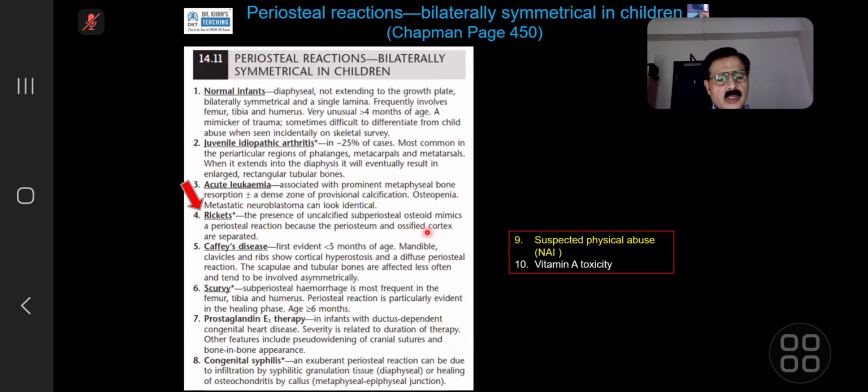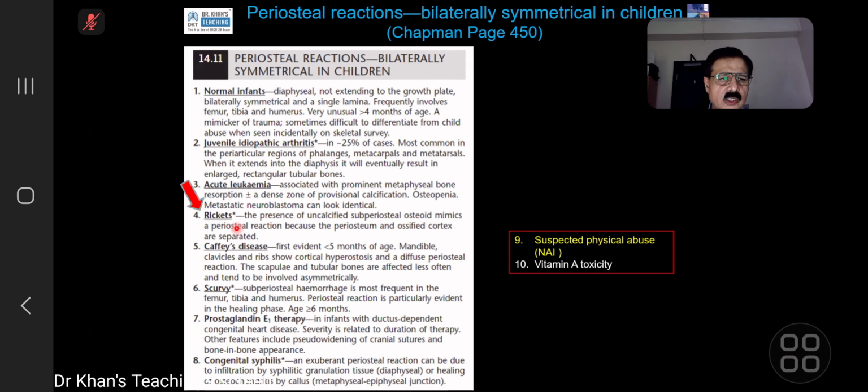Now, this differential diagnosis is my favorite: periosteal reaction, bilateral and symmetrical, in children. I've taught this many times, and I don't have time today to teach everything, so we'll concentrate on the film itself, rickets. If you go back to the pathophysiology, in a usual growing skeleton there is osteoblastic and osteoclastic activity, so under the periosteum new bone formation is happening.